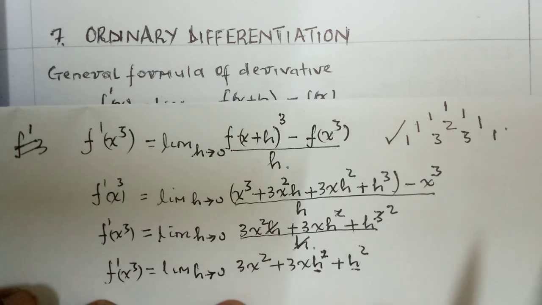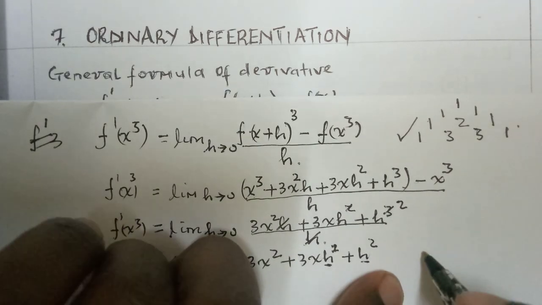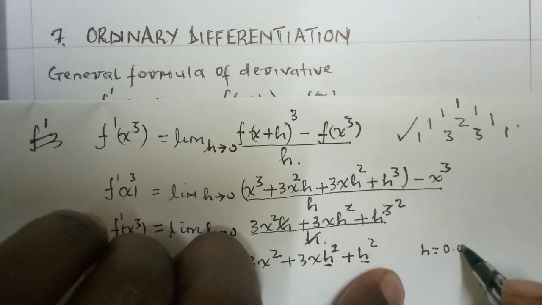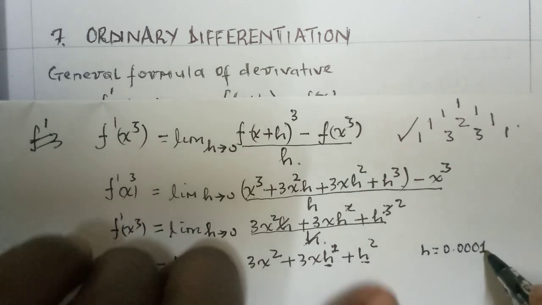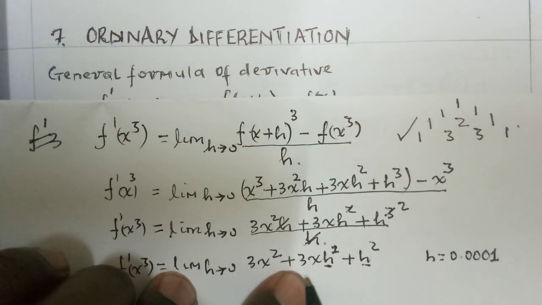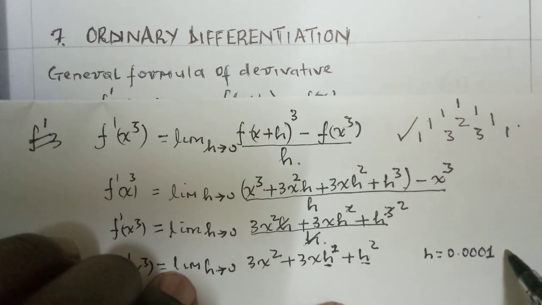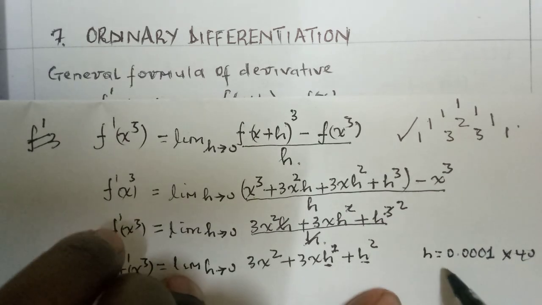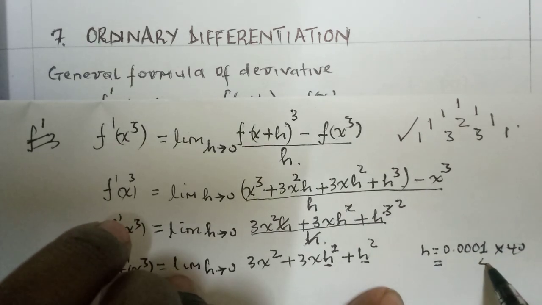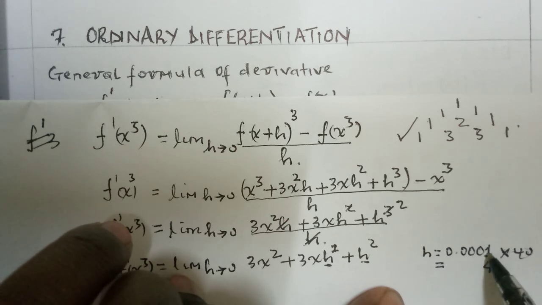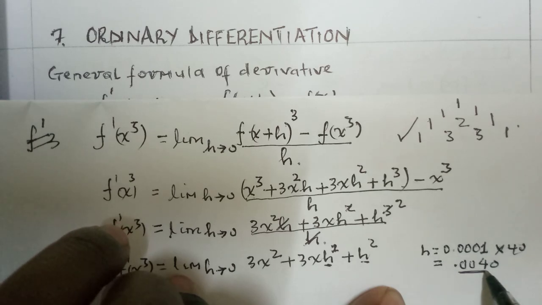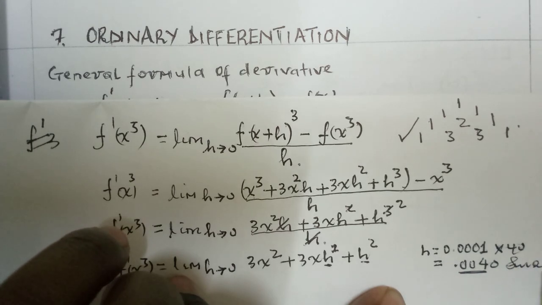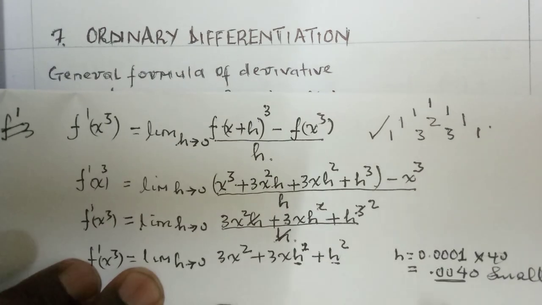And you know that if you multiply a very small figure, for example, let's say h equals 0.0001, with a large figure, maybe let's say times 40, you will get 0.004. So you find that this one is small and therefore it is neglected.